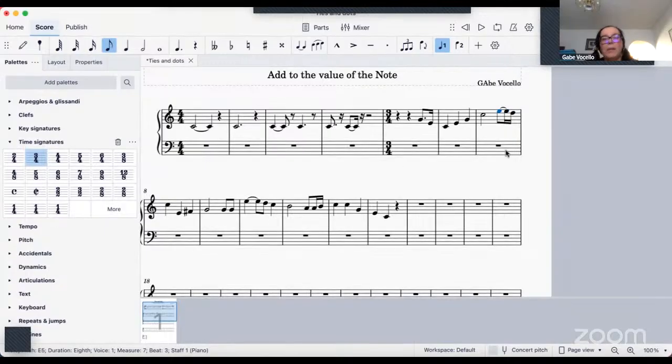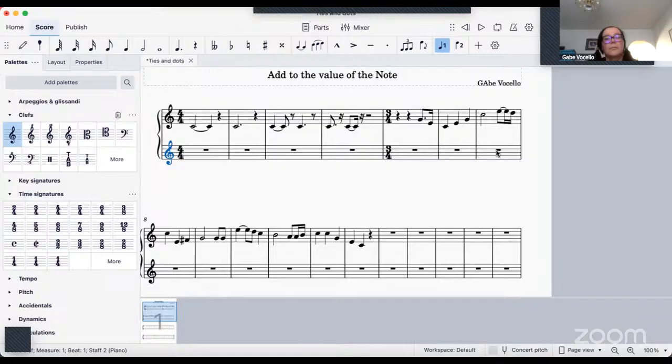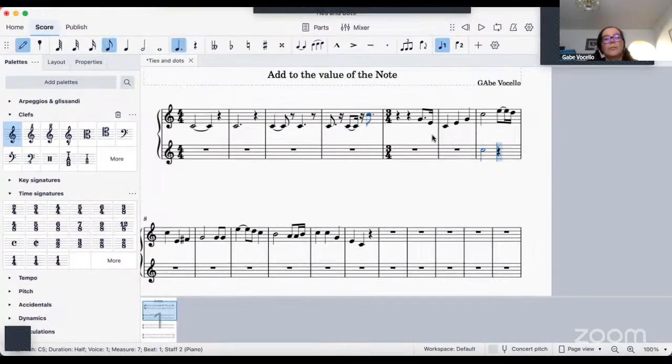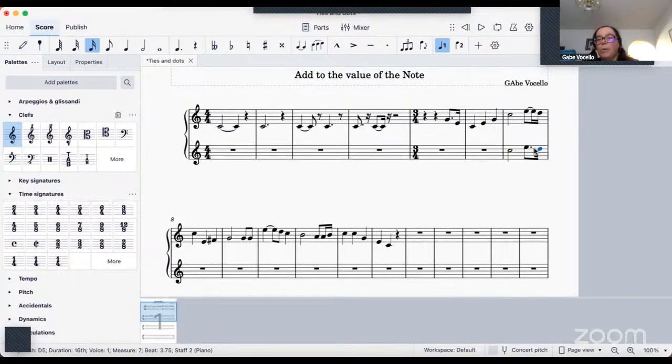See, it's the same as a dotted eighth note. I can write it both ways, both are correct.